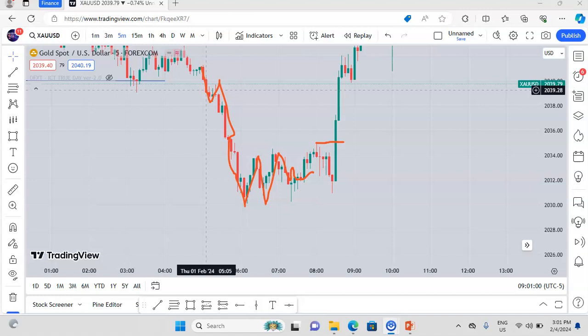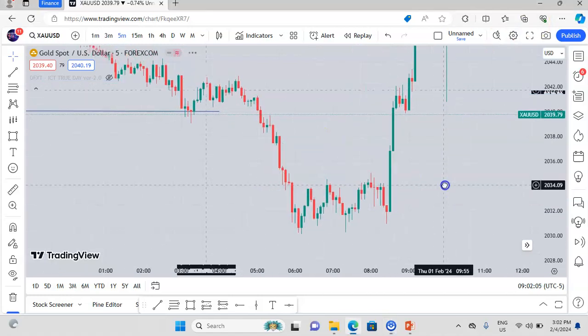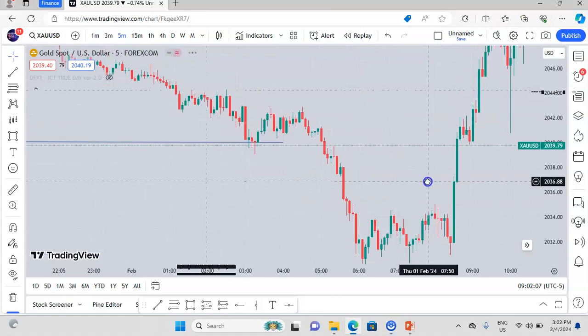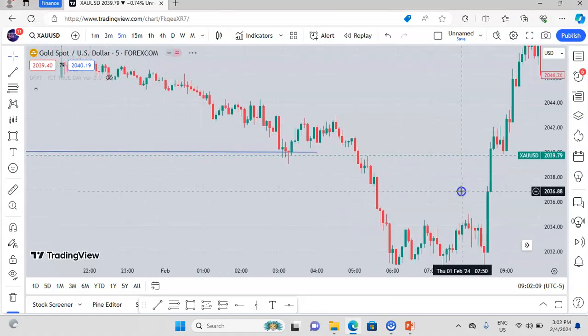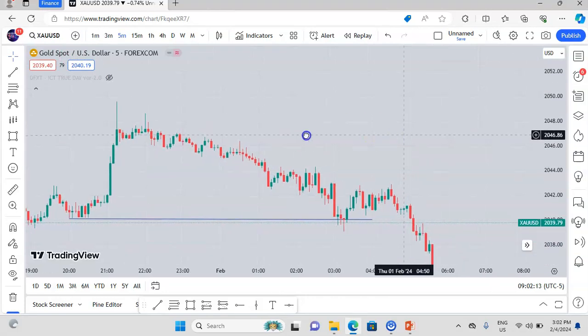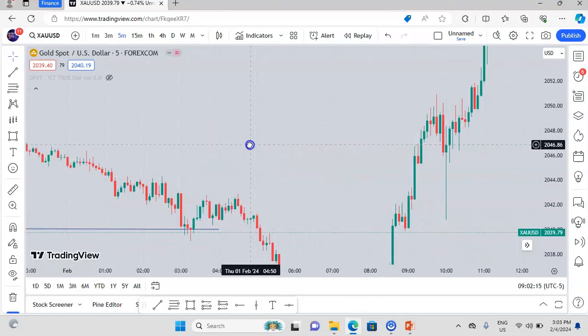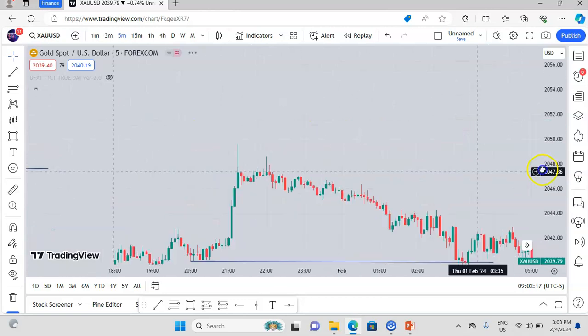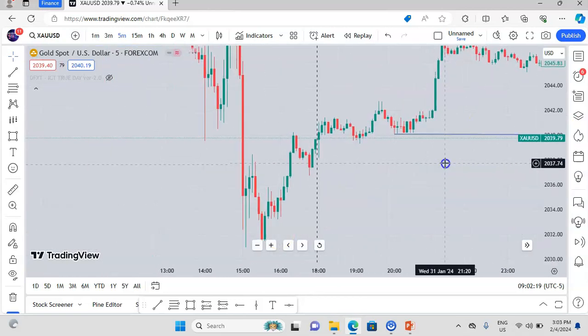So let me see if I could get another example. Let me look for a market structure break that is not actually a market structure shift, so that we can compare and contrast. Let me look for one.